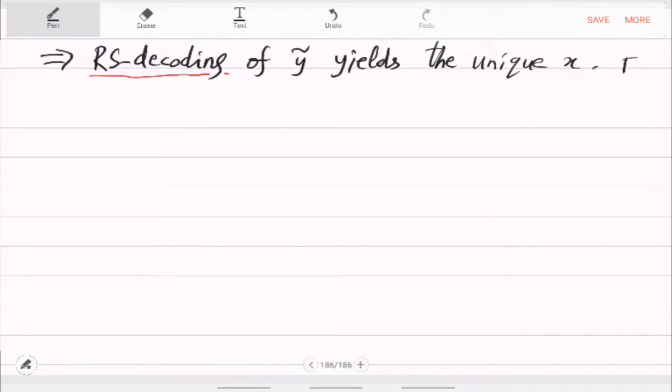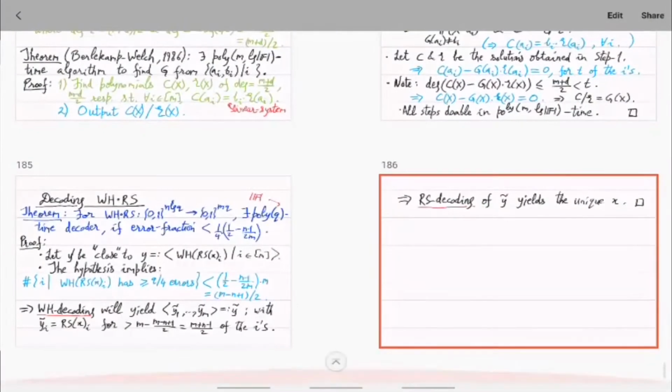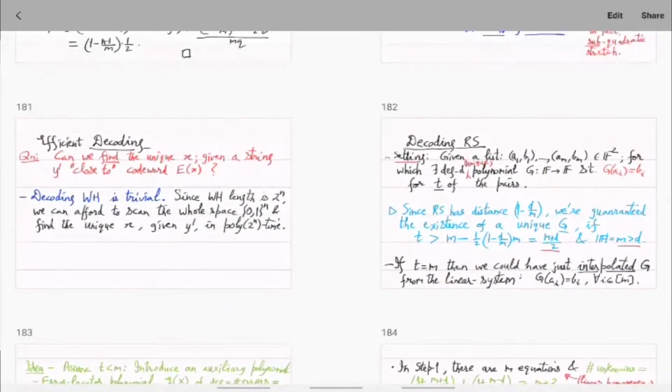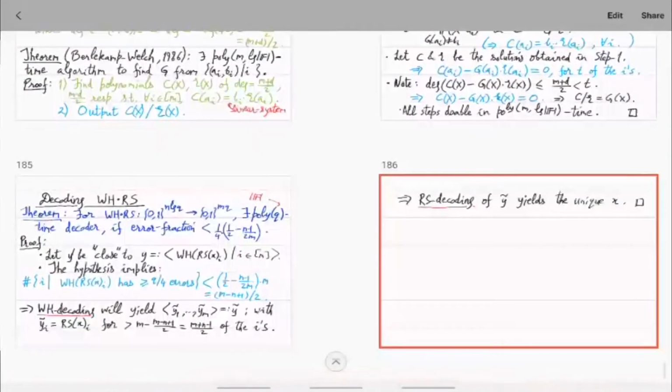Right, because the RS decoder needs how many correct i's? More than m plus degree by 2, and in this case the degree is n minus 1. So it is more than m plus d by 2 by the previous RS decoder.